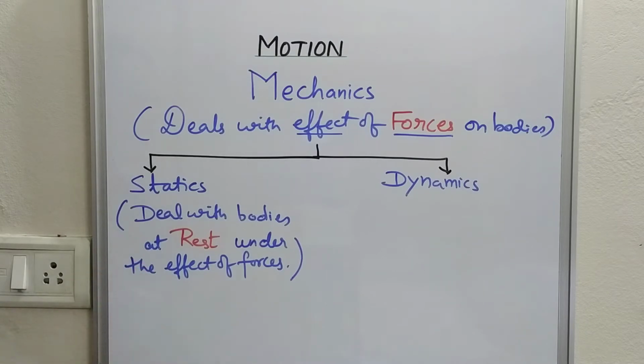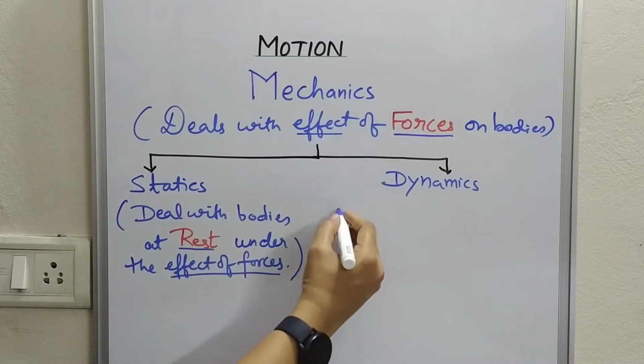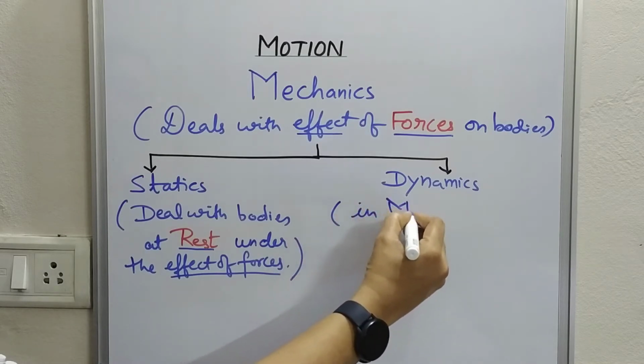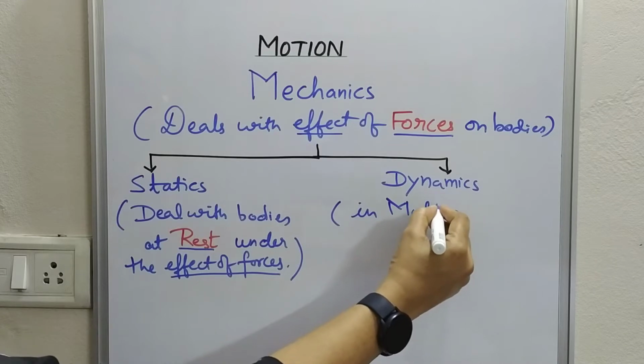Statics is that branch of physics that deals with bodies which stay at rest though a number of forces are acting on it. Dynamics is the branch of physics that deals with objects in motion under the action of forces.